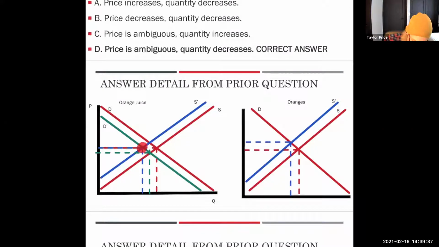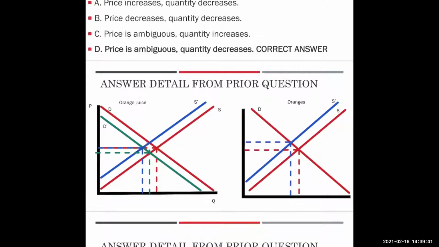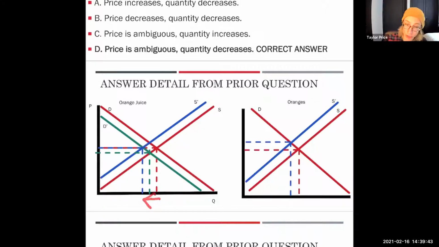So this is our new right here, and this is the original. So we know that quantity is decreasing, but price, it looks like it's about the same. So we really can't say anything about price. So that's why price is ambiguous, because we don't really know what happened to price. But for quantity, we can definitively say that quantity decreased.